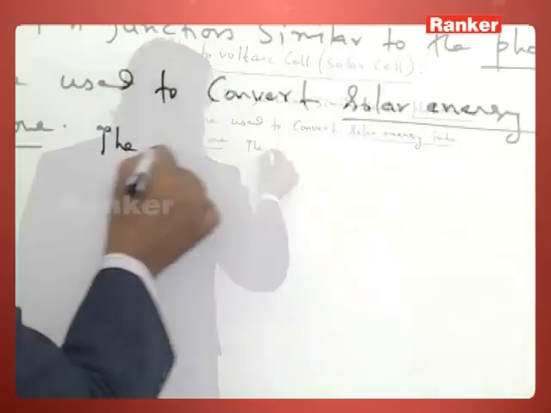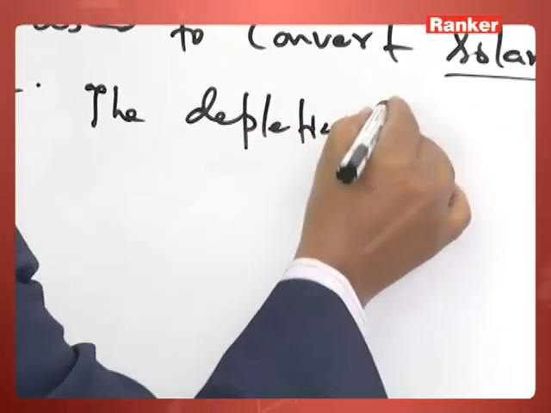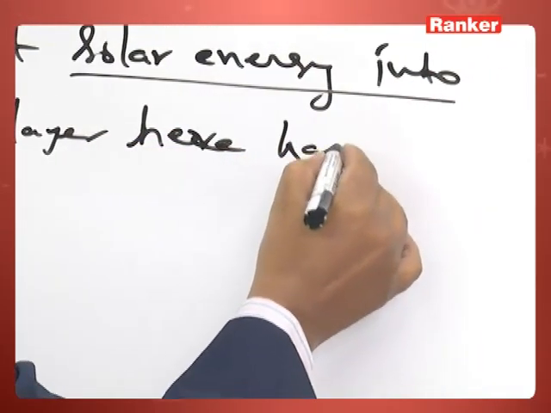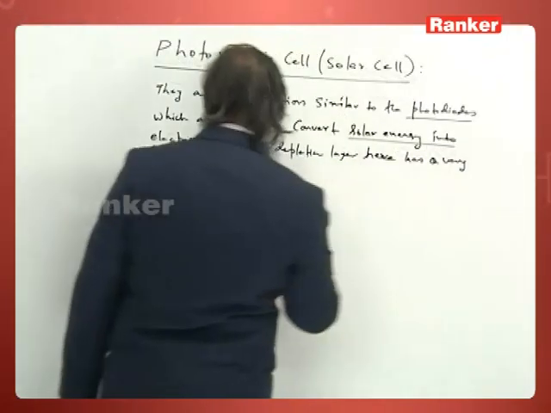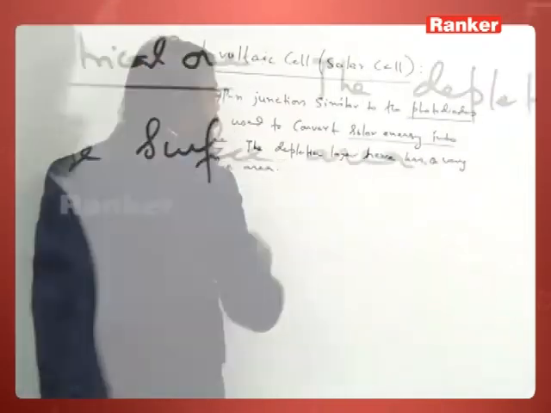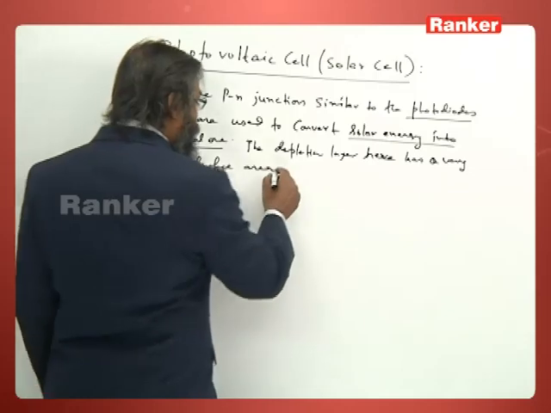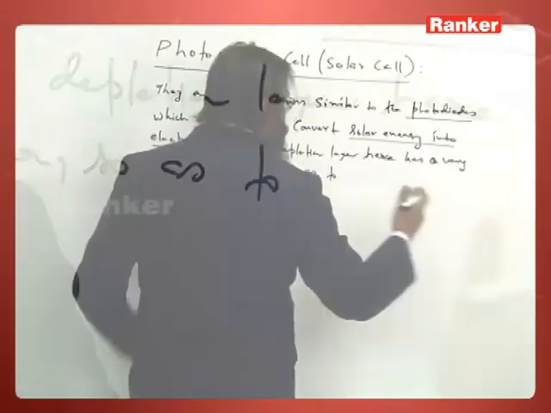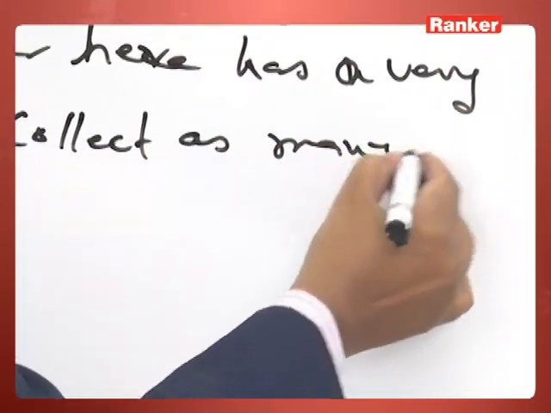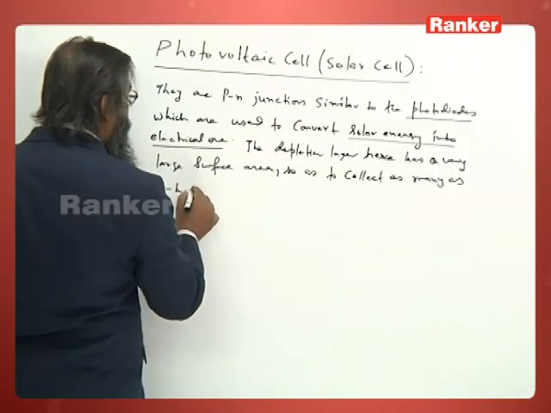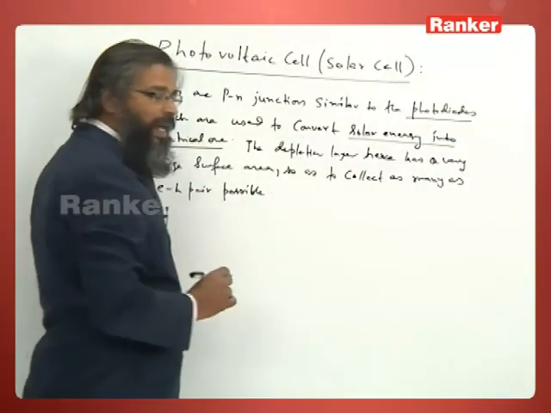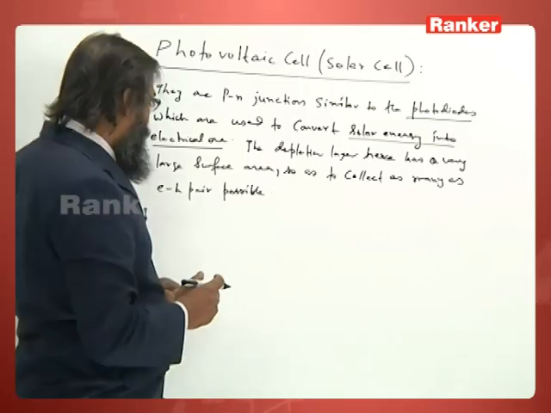The depletion layer here has a very large surface area, so as to collect as many electron hole pairs as possible.